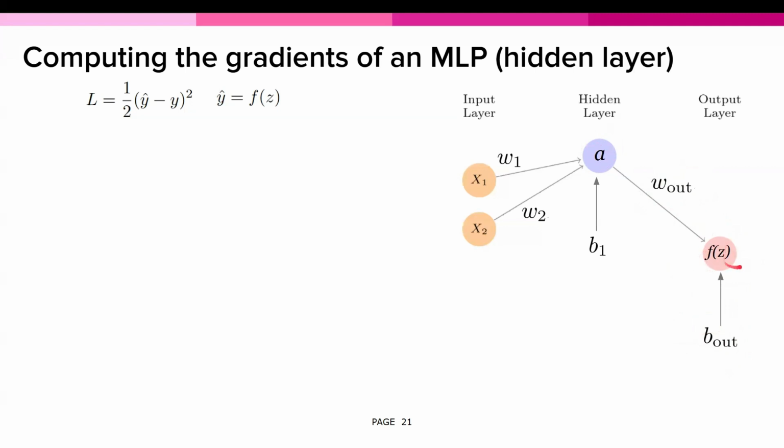So the output of this whole network, the prediction of this network, y hat, is going to be f of z, where z is the total current flowing into this pink node. Working backwards, z is going to be w out a plus b out.